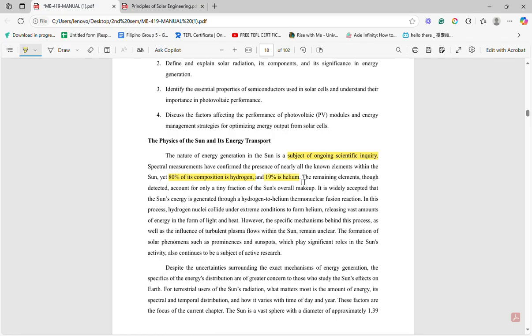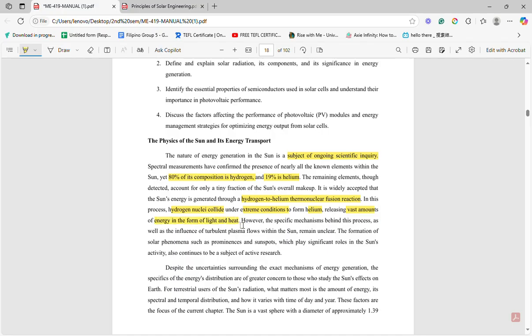And how do we basically have the energy emitted by the sun? So here it says that the sun's energy is generated through a hydrogen to helium thermonuclear fusion reaction. In this process, hydrogen nuclei collide under extreme conditions to form helium. Then it releases vast amounts of energy in the form of light and heat.